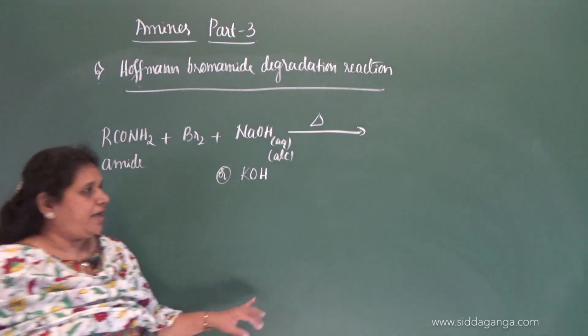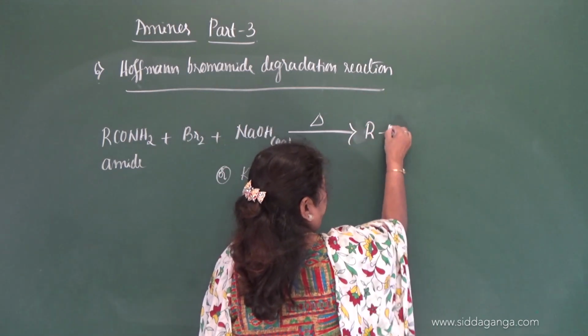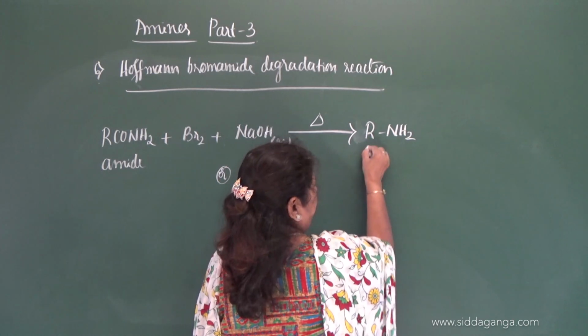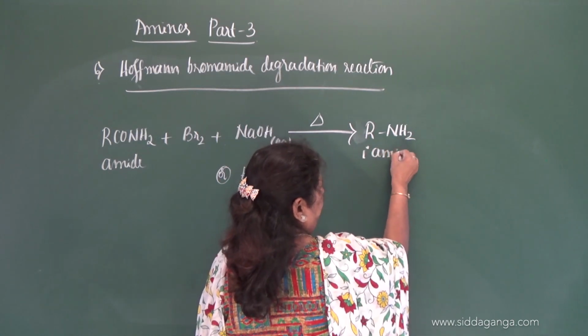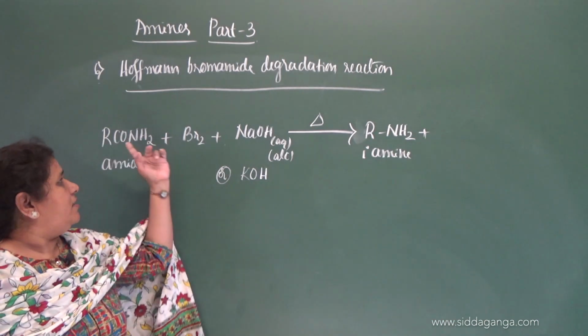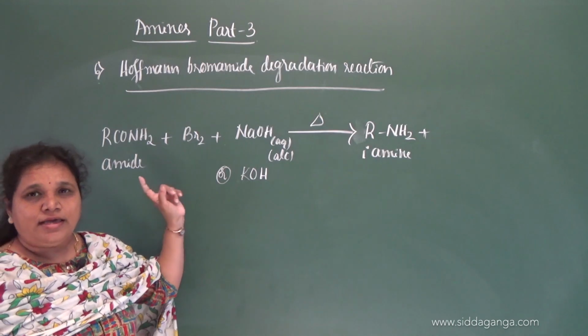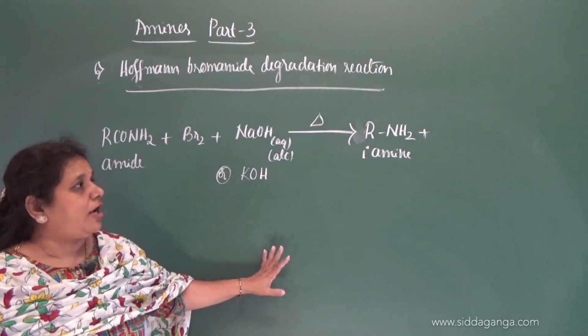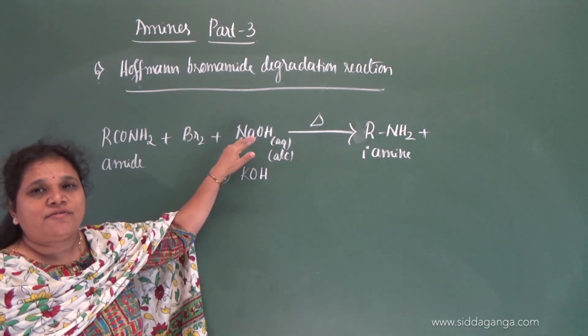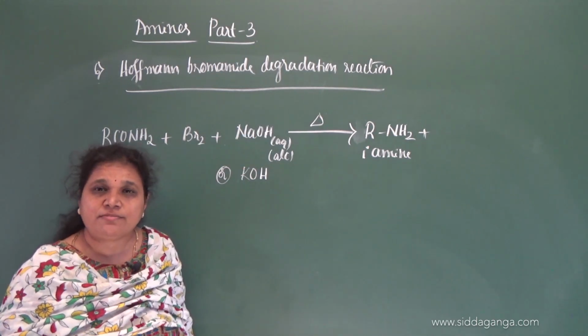Then what reaction takes place here? The amide gets converted to a primary amine, and the CO group of the amide gets converted to the respective carbonate, either in the form of sodium carbonate or potassium carbonate.